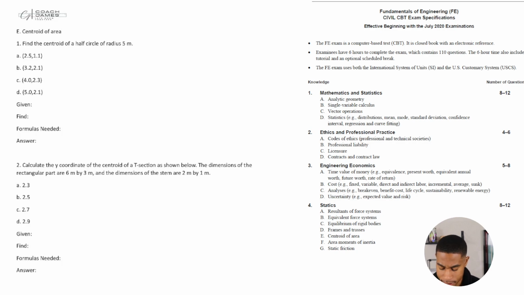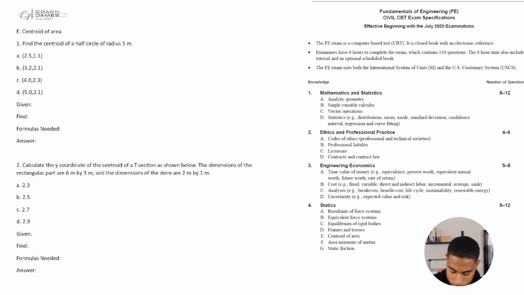All right, so I have a few practice problems for you all, and we're going to start with number 1. Number 1 says, find the centroid of a half circle of radius 5 meters. So what information do they give us?